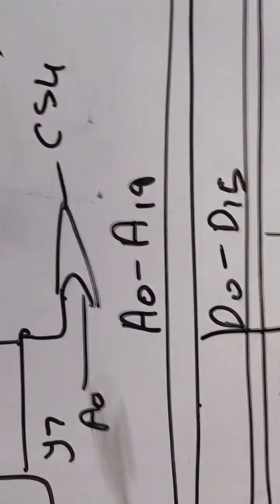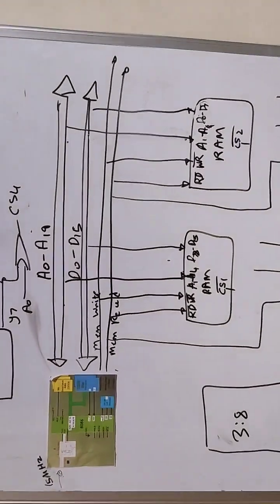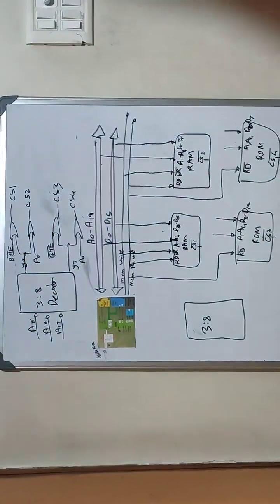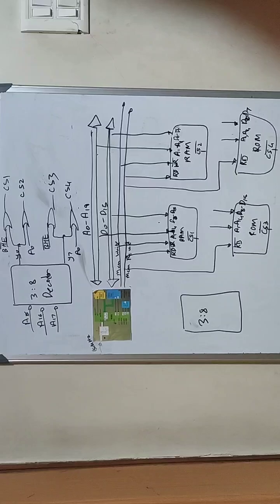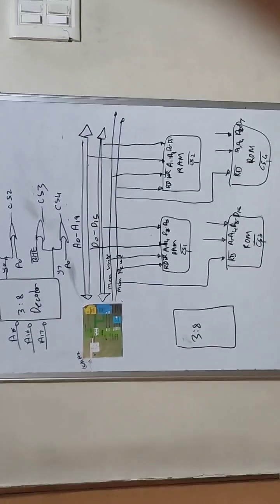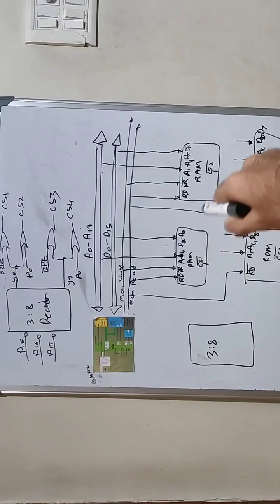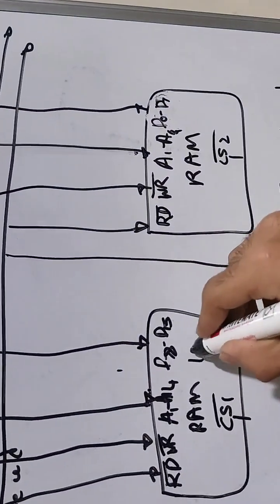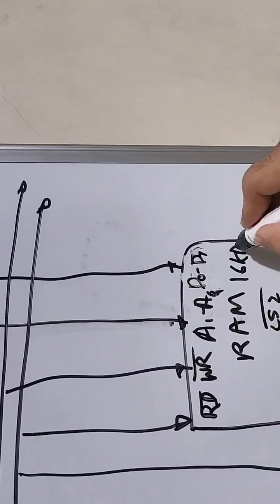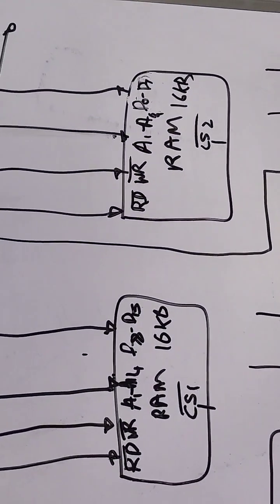I guess with that our entire diagram is done. In case you want to have a look at the entire thing, that should be basically an 8086 minimum mode diagram. These two are 16 kilobyte sticks, 16 kilobyte, 16 kilobyte, giving us a total of 32. This also 16 kilobyte, this also 16 kilobyte.